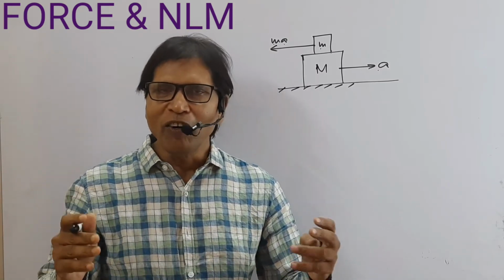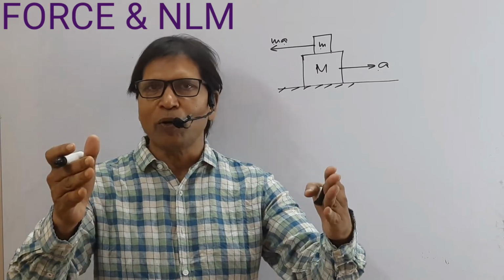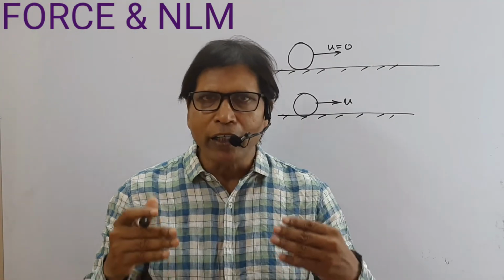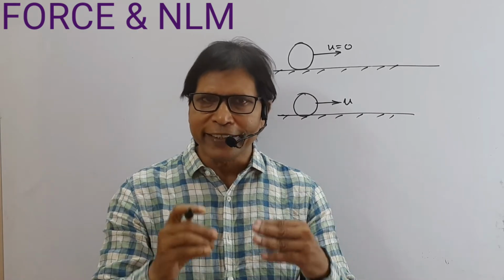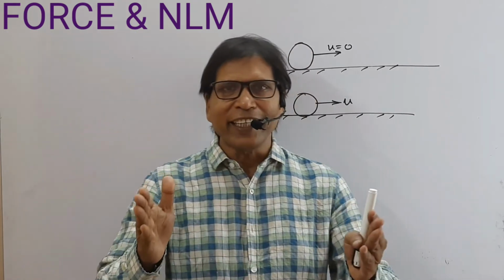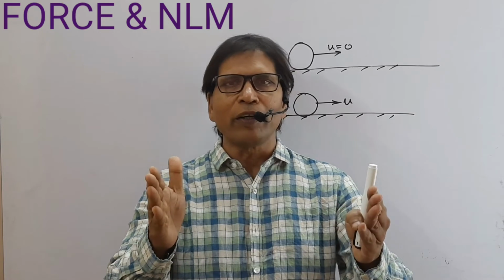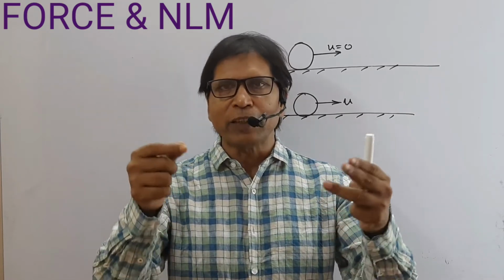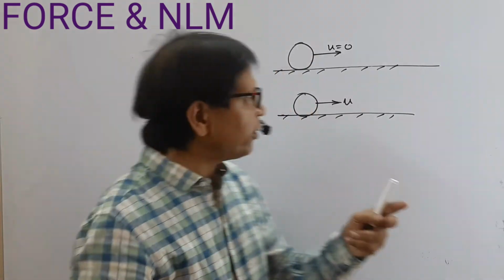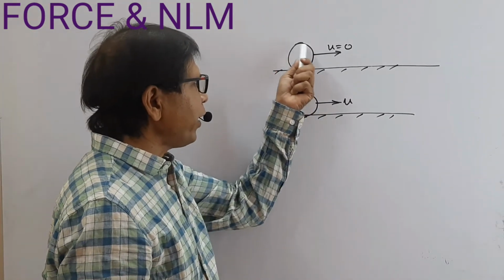Okay? Now, Newton's first law of motion. A body continues in its state of rest or uniform motion in a straight line unless it is acted upon by an external force to change its motion. Now look at this. This is the body at rest.